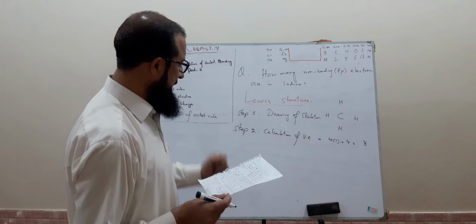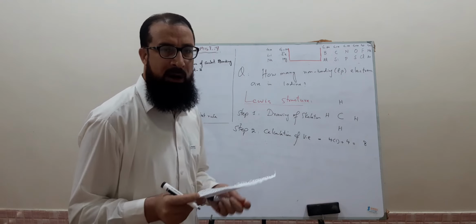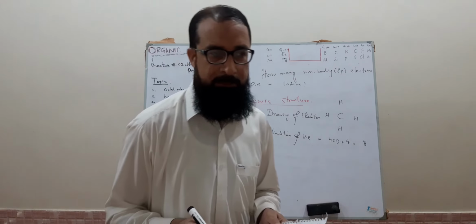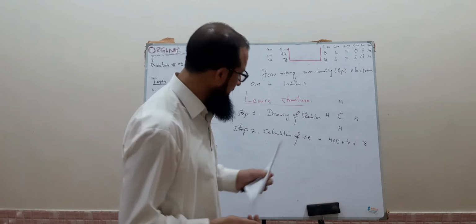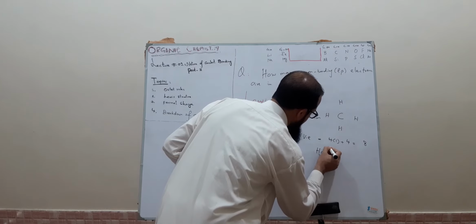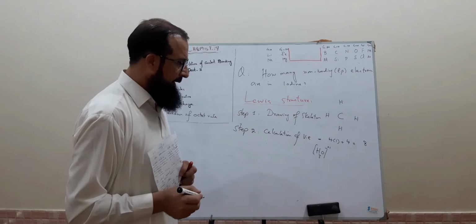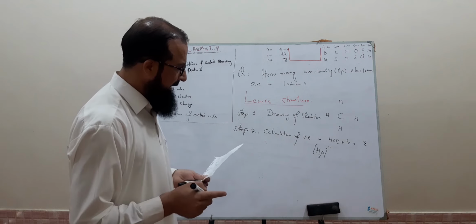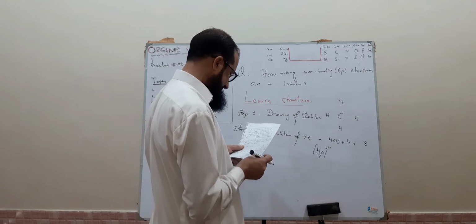But there is one point in this step. If we have a charged molecule, for example a molecule with positive charge, such as H3O plus 1, then we should subtract 1 electron from the valence electrons.